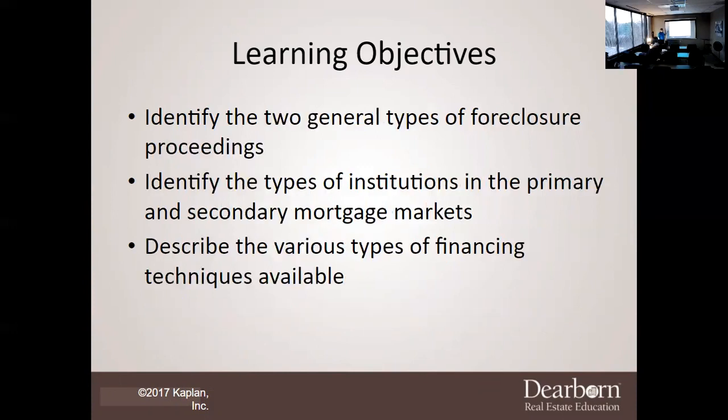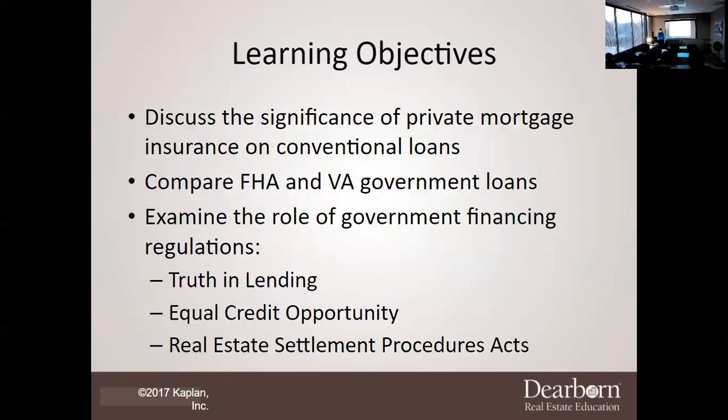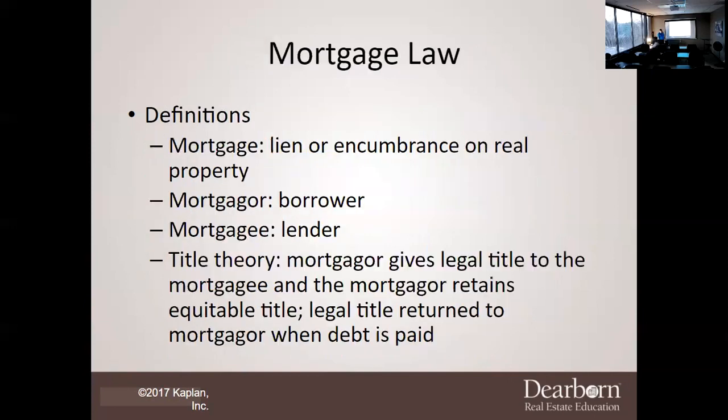We're also going to identify the two general types of foreclosure proceedings, identify the types of institutions in the primary and secondary mortgage market, describe the various types of financing techniques that are available, and discuss the significance of private mortgage insurance on conventional loans, compare the FHA and VA governmental loans, and explain the role of government financing regulation through Truth in Lending, Equal Credit Opportunity, and the Real Estate Settlement Procedures Act.